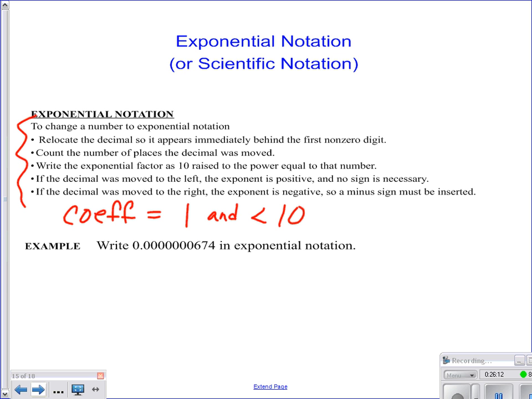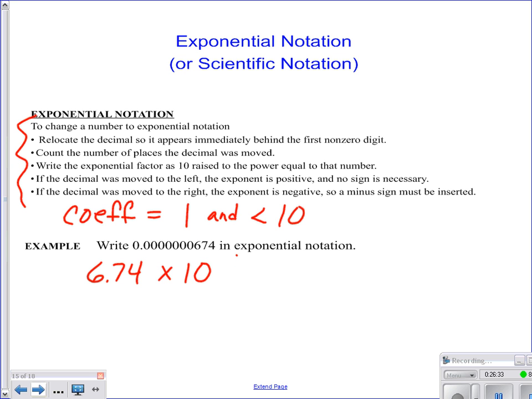So let's start with this first example. Make that be a number between 1 and less than 10. 6.74. There's our coefficient. Scientific notation, so we know it's going to be times 10 to the something. Well, in order to do that, how many places did you have to move your decimal? 8.